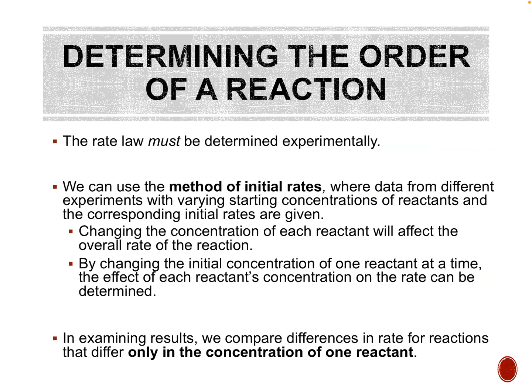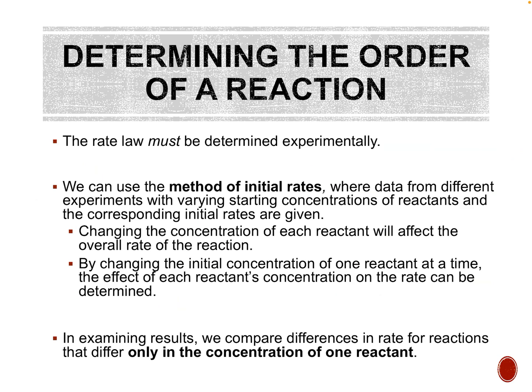We're going to look at different reactant trials, essentially, and we're going to vary the concentrations of the different reactants, and then look at what that does to the rate. Because we know if we double our concentration and then the rate doubles, that means it's first order.